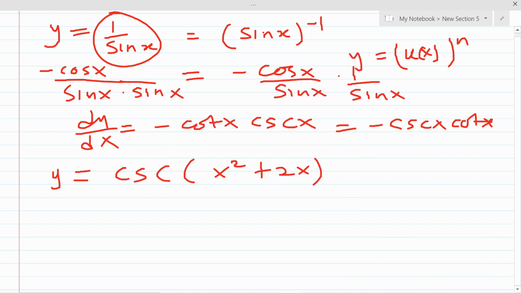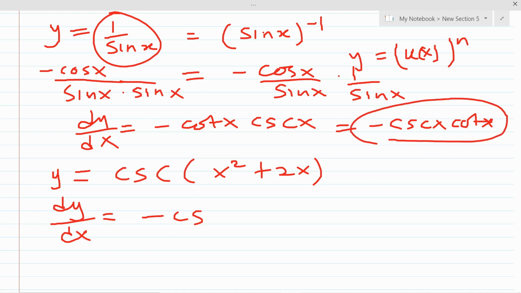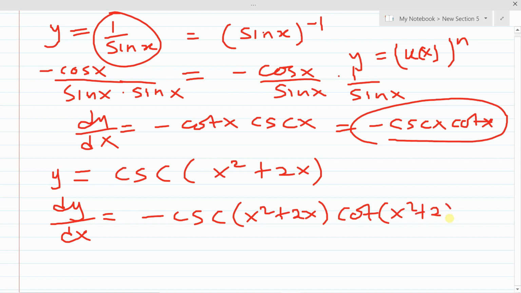Now what you do is that you first differentiate cosec, and what will you get? dy/dx is equal to negative cosec of whatever was in the bracket, which is x squared plus 2x, times cotangent of x squared plus 2x, then you multiply it by the differential of this bracket, which is 2x plus 2.